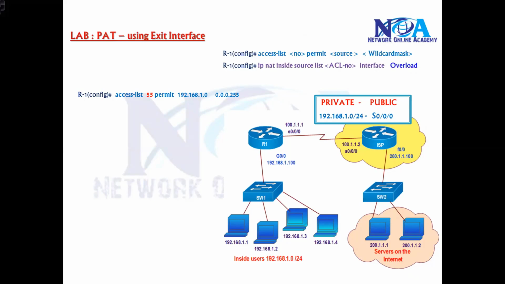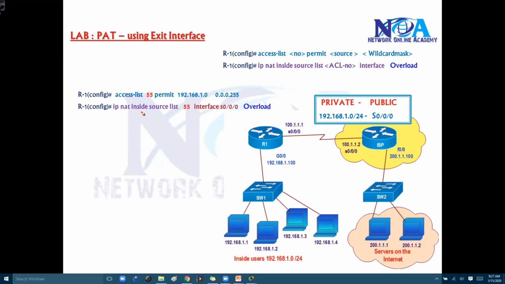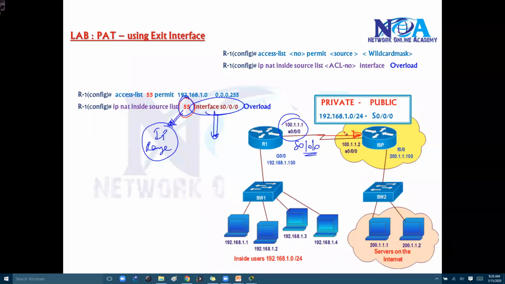Now directly we can go with translation. In that translation, I'm saying ip nat inside source list. Whatever IP range is defined in this ACL 55 should get translated to the interface S0/0/0, whatever the name of the interface, S0/0/0 here in my example, or any other interface in your production scenarios which is connecting to the service provider.